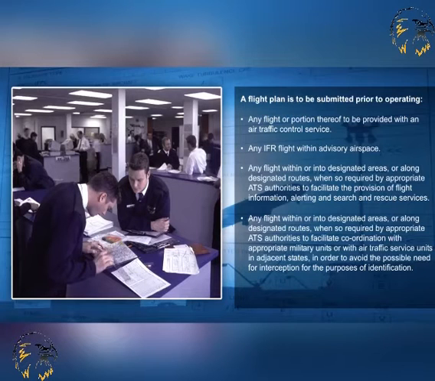An example of this is to coordinate with the controllers of the air defense interception zones the USA has offshore of its east and west coastlines, or any flight across international borders, not just FIR boundaries.